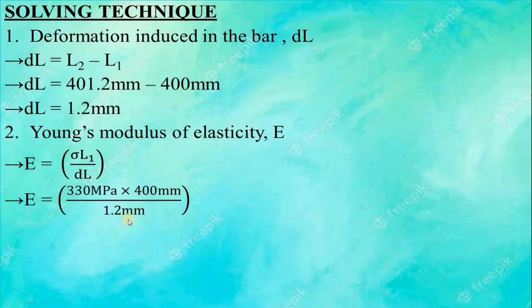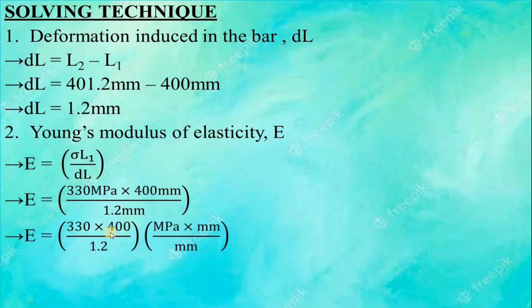Now in this RHS I am going to split the numerical terms and SI units. E is equal to 330 into 400 whole divided by 1.2 into megapascal into mm whole divided by mm. Here 330 into 400 whole divided by 1.2 is 110 into 10 power 3, and megapascal into mm whole divided by mm is megapascal, because mm gets cancelled.